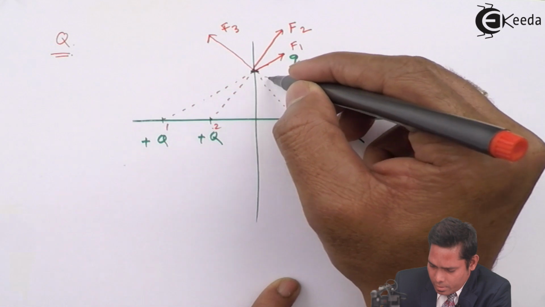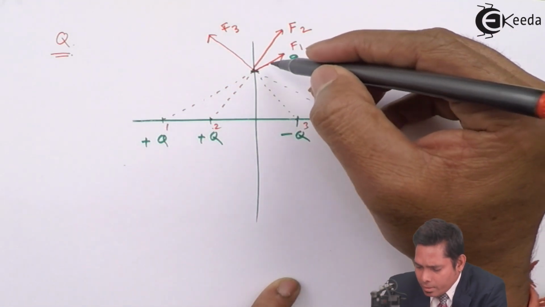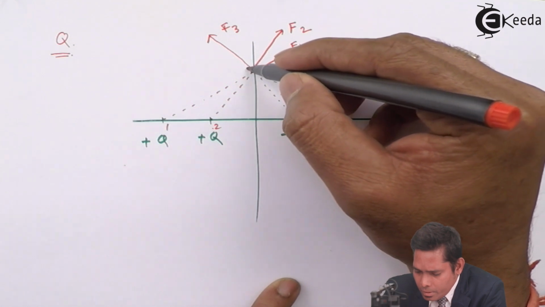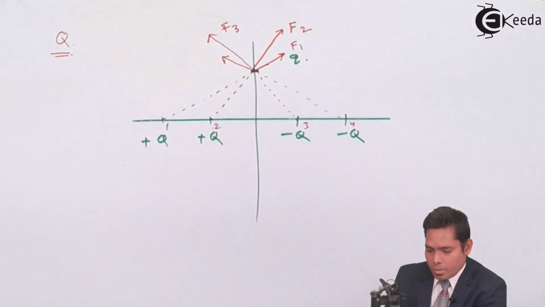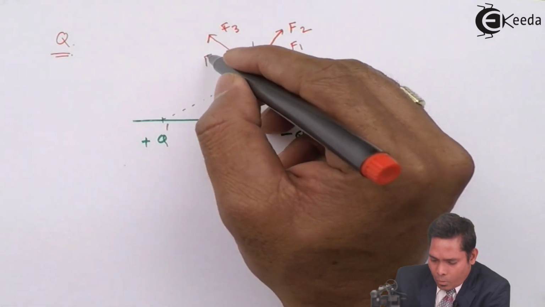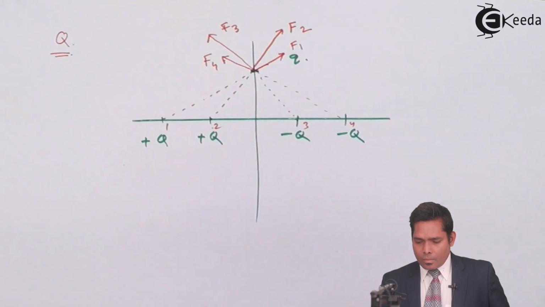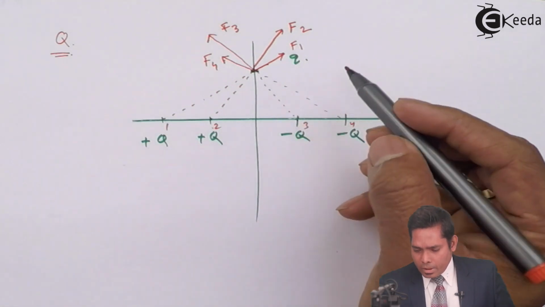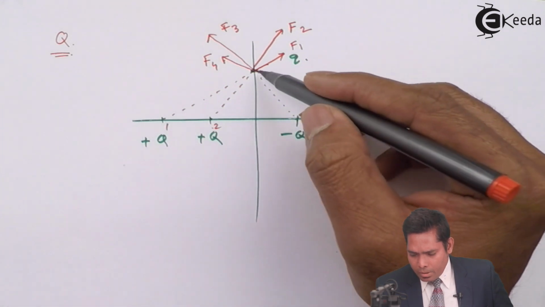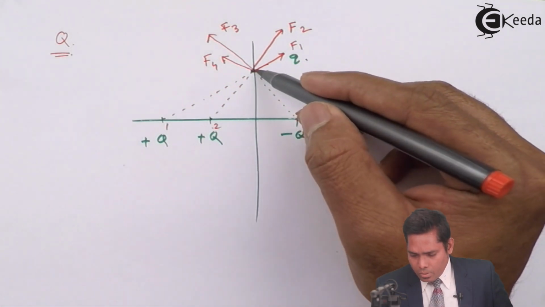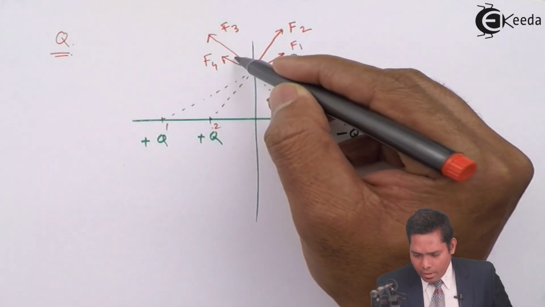Similarly this and that will be smaller forces in this direction. This is F4. Sorry, one mistake: because they are negative charges, the force will be in the downward direction.